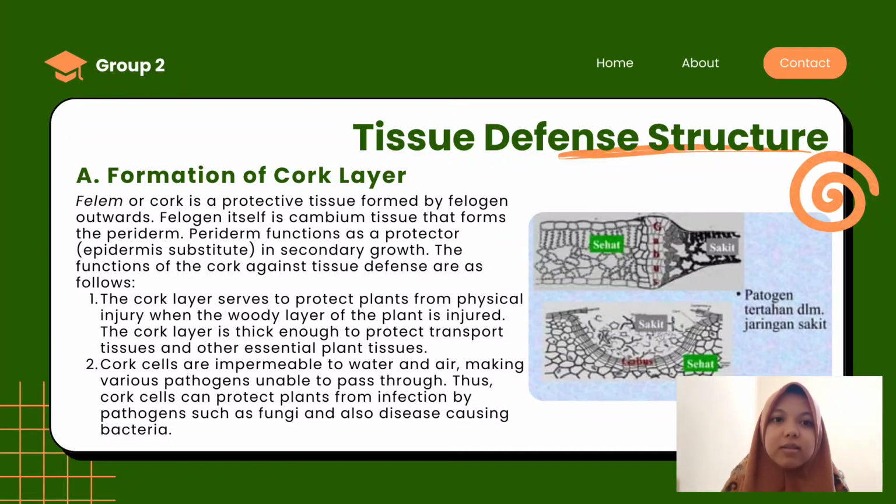The cork layer serves to protect the plant from physical injury when the woody layer of the plant is injured. The cork layer is thick enough to protect transport tissue and other essential plant tissue. 2. Cork cells are impermeable to water and air, making various pathogens unable to pass through. Thus, cork cells can protect the plant from infection by pathogens such as fungi and also disease-causing bacteria.